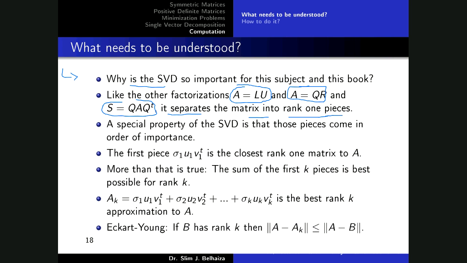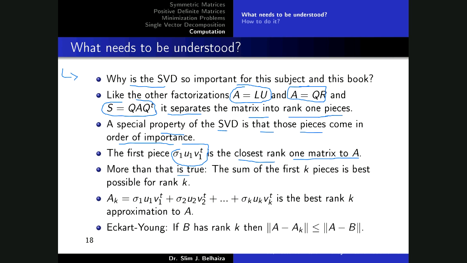So a special property of the SVD is that those pieces come in order of importance. They will be aligned in a way that they go from the largest one to the smallest one. The first piece, for example, sigma 1 u1 v1 transpose, which is a rank 1 matrix, would be the closest rank 1 matrix to A. And more than that is true.